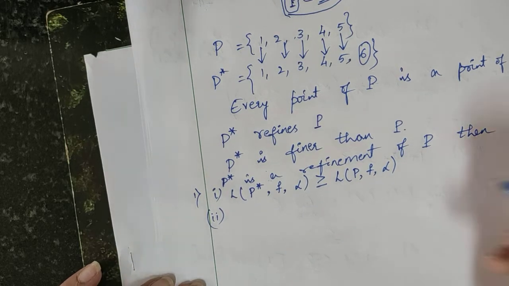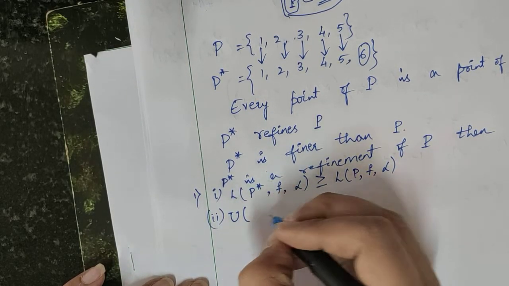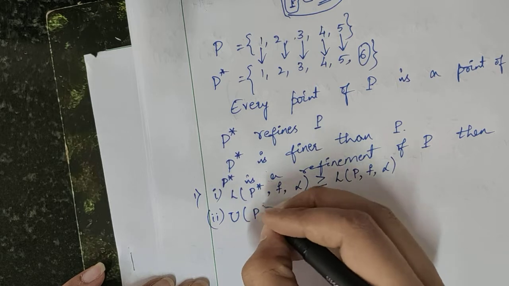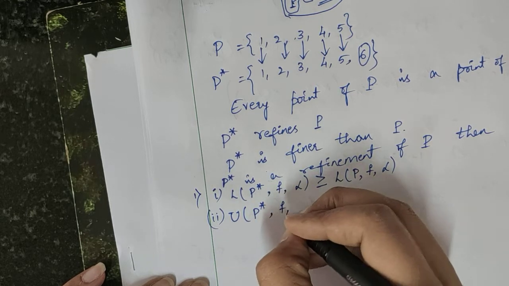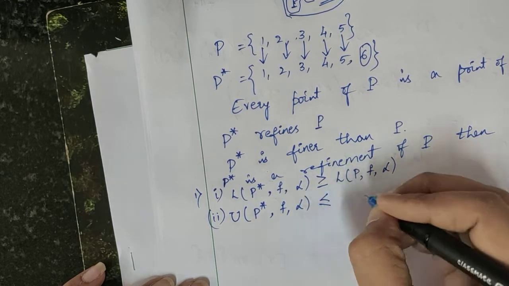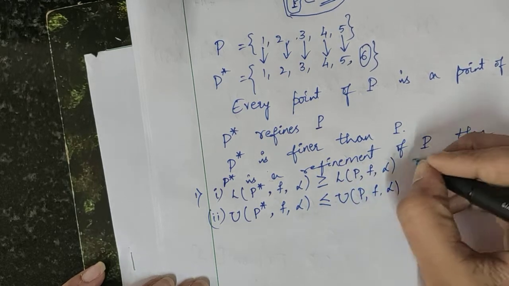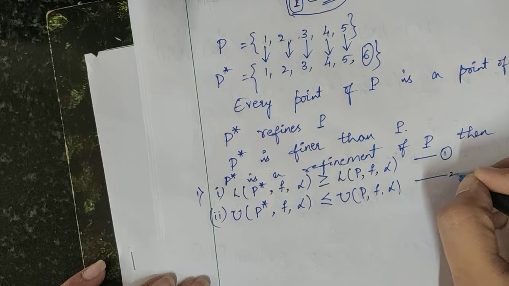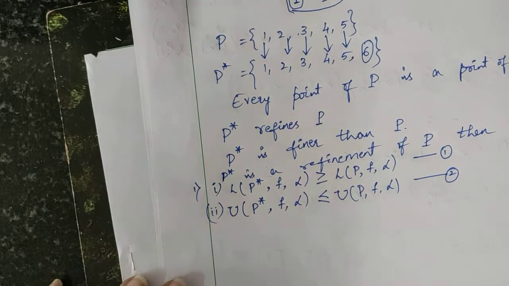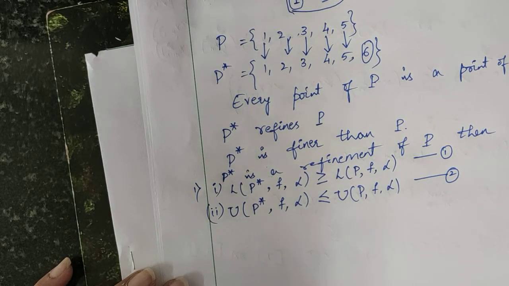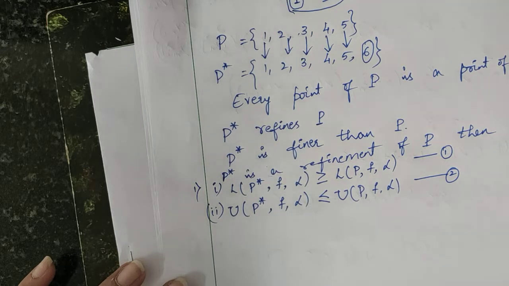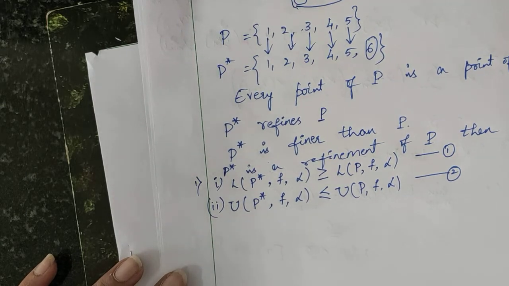This is one inequality, and the other inequality is U of P star comma f comma alpha is less than or equal to U of P comma f comma alpha. This is the first inequality and this is the second inequality. These two are important inequalities. So now let's see how we can prove this.